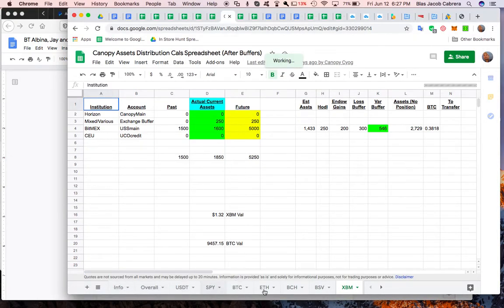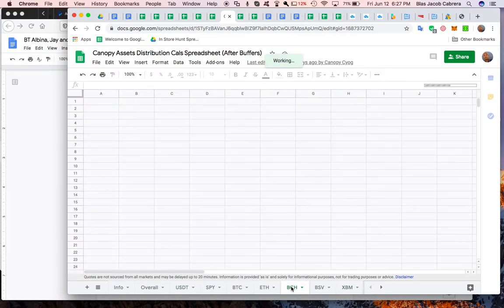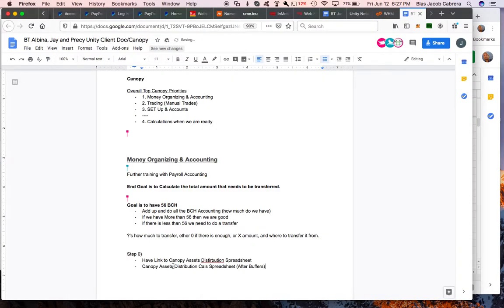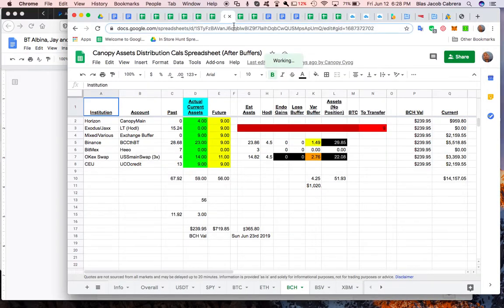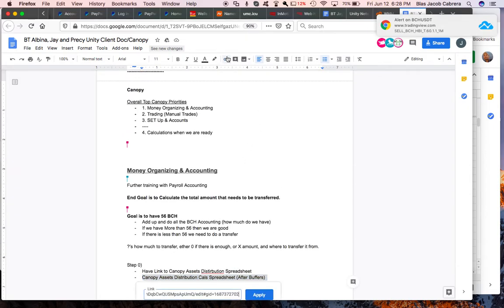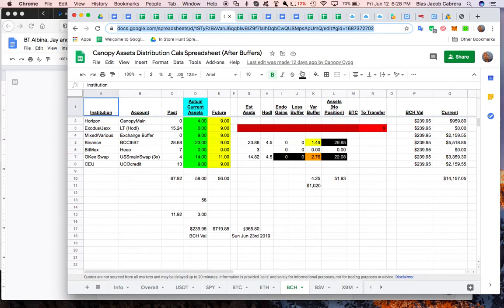Yeah, I think this is correct. So BCH. Yeah, this is right. All right, so this is the spreadsheet here. And here's the link. Again, this is all Canopy, so Canopy is all transparent, open, etc.